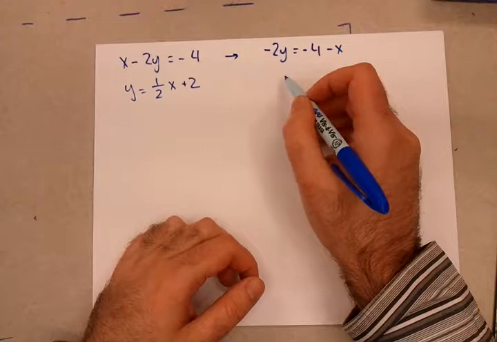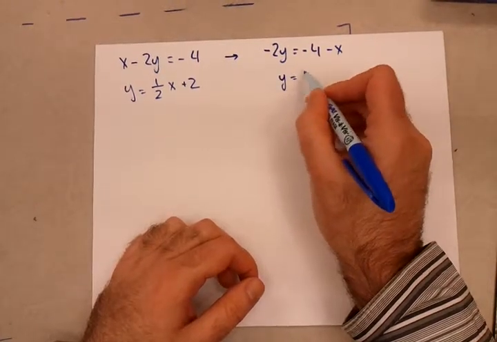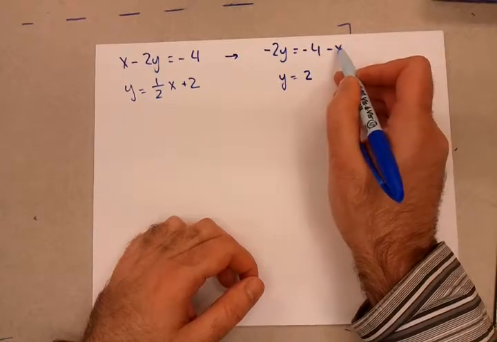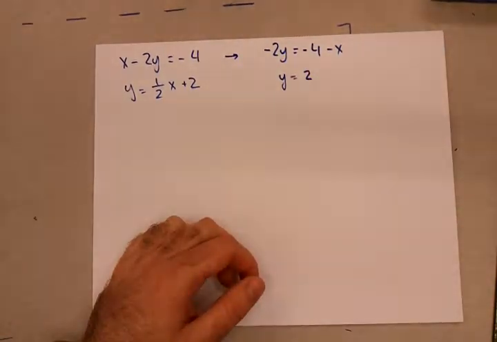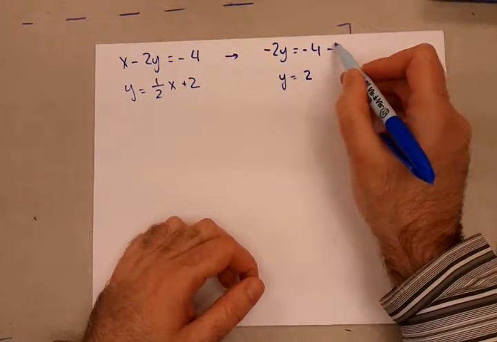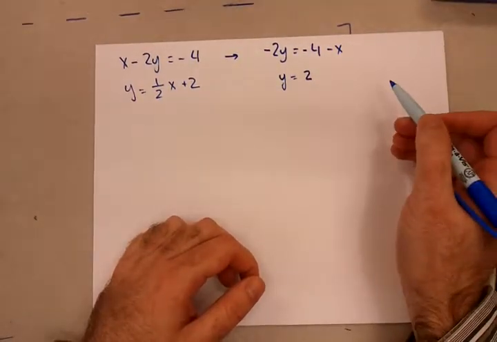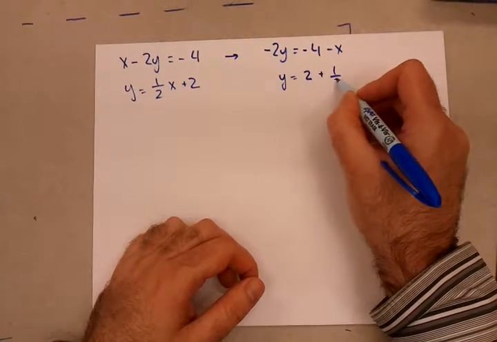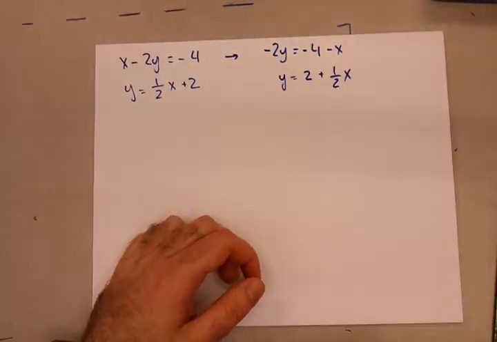It's being multiplied, so I'm going to divide. So y equals negative 4 divided by negative 2, which is 2, and negative x divided by negative 2, remember there is a 1 coefficient here, so essentially it's negative 1 divided by negative 2, which is positive 1 over 2 x.